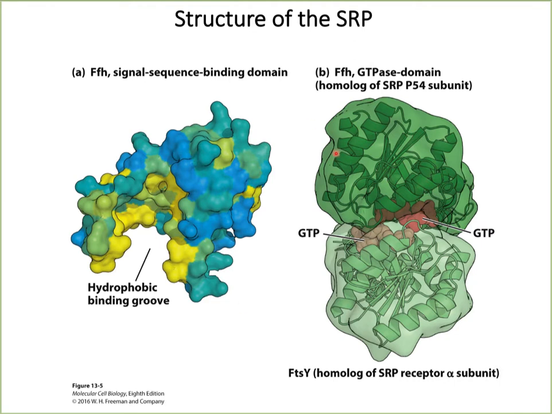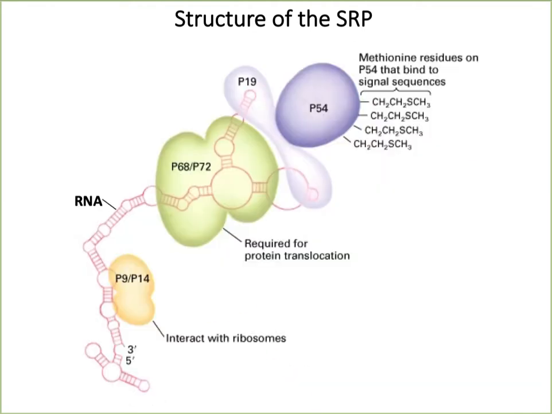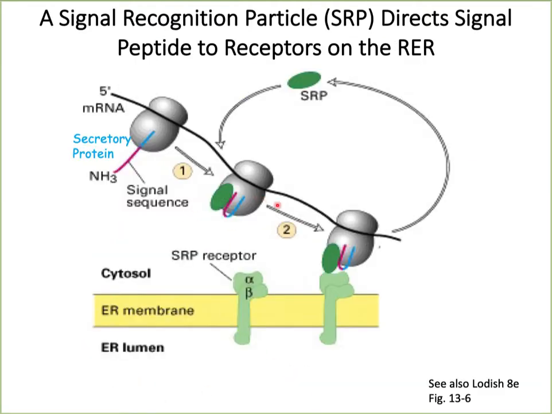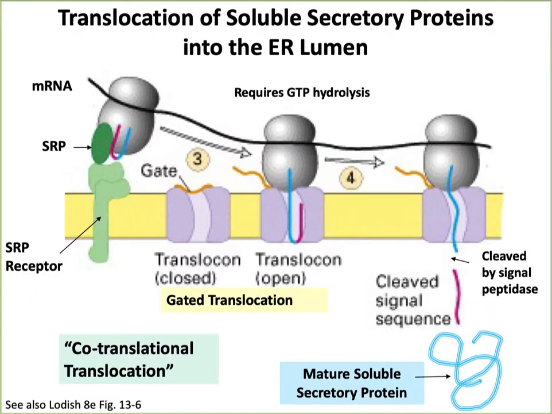So that will be the cycle that the SRP goes through right here. Here it will be dissociated from the GTP, it will hydrolyze the GTP into GDP, and it will go back into the cycle by picking up GTP. We're going to take a look at that soon.